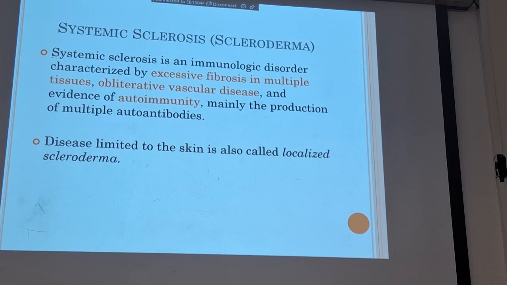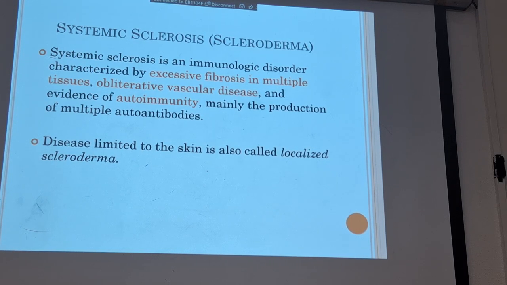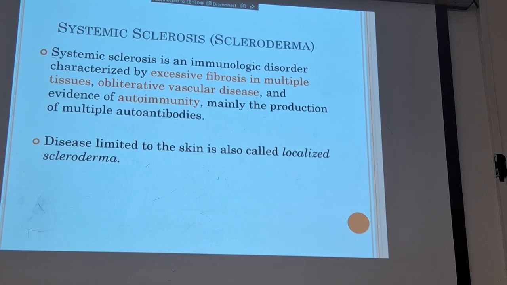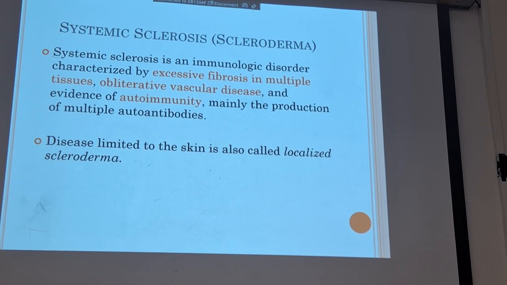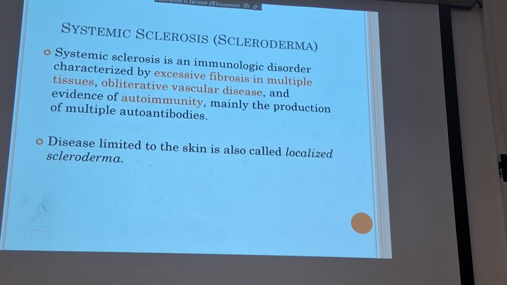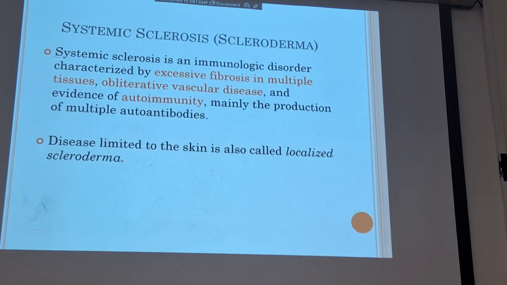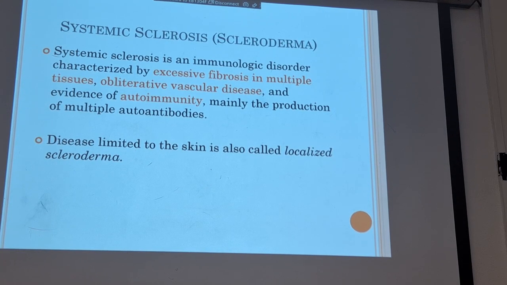So we have excessive fibrosis in multiple tissues, and we also have some kind of vasculitis, like many other autoimmune disorders. We call them systemic collagen vascular disorders because most of the time they affect vessels and connective tissue.